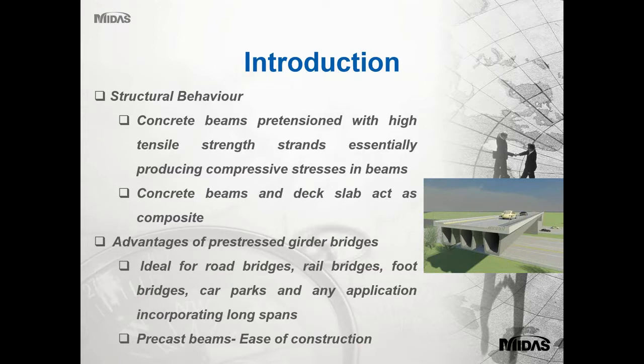Advantages of pre-stressed girder bridges: well, they can be used for any type of road bridges, rail bridges, footbridges, car parks, so any type of long span applications. We can use this type of pre-stressed concrete beams. The second advantage is ease of construction because the beams are precast, so it is easy to construct the bridge.